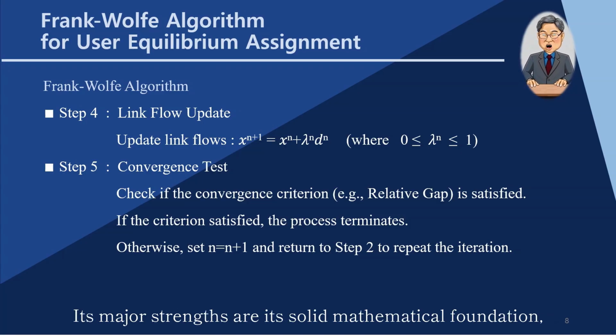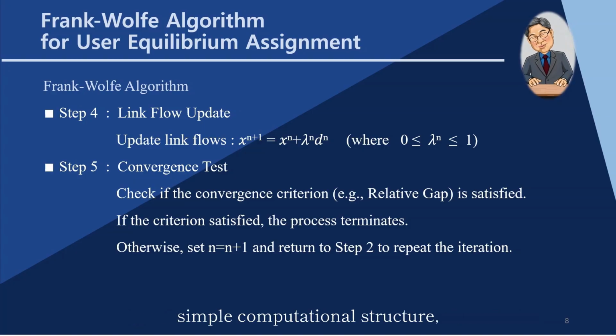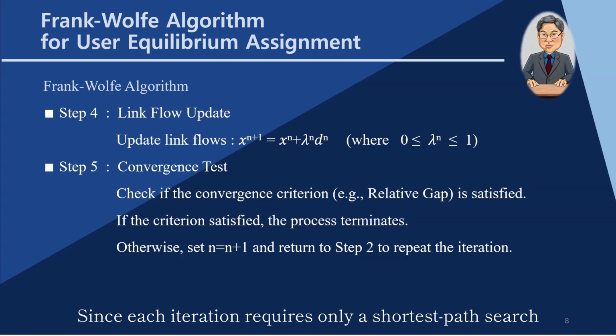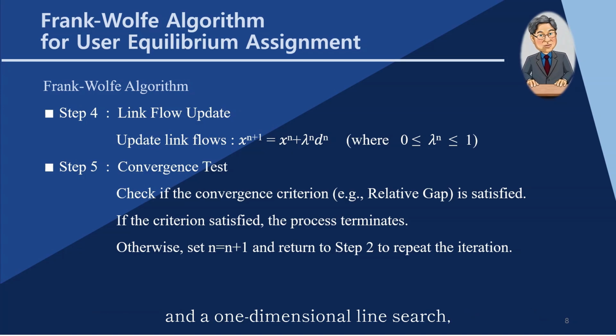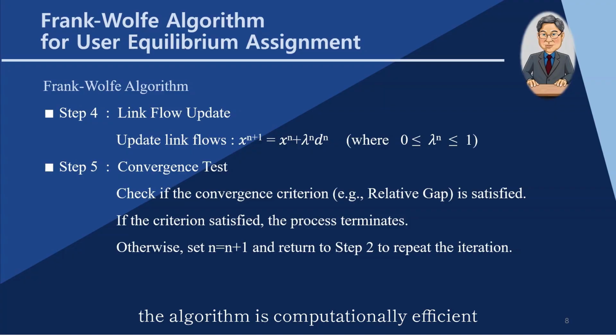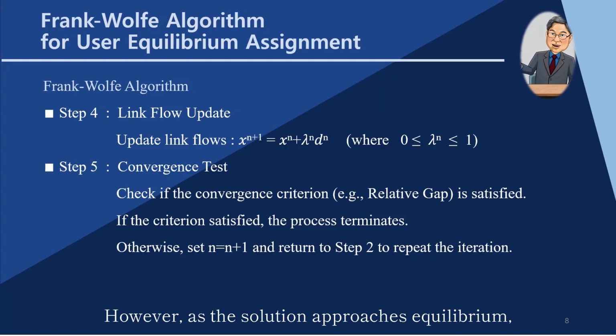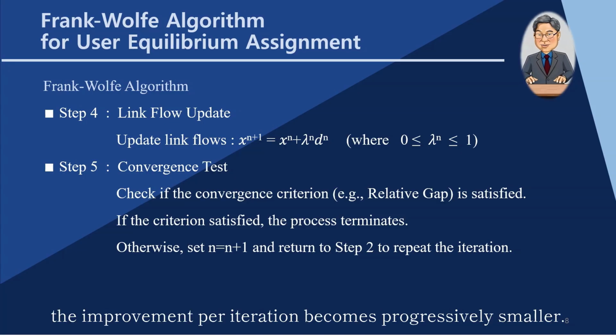Its major strengths are its solid mathematical foundation, simple computational structure, and guaranteed convergence to the unique link flow solution. Since each iteration requires only a shortest path search and a one-dimensional line search, the algorithm is computationally efficient and relatively easy to implement. However, as the solution approaches equilibrium, the improvement per iteration becomes progressively smaller.